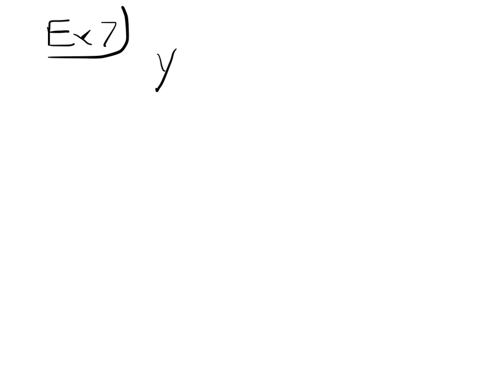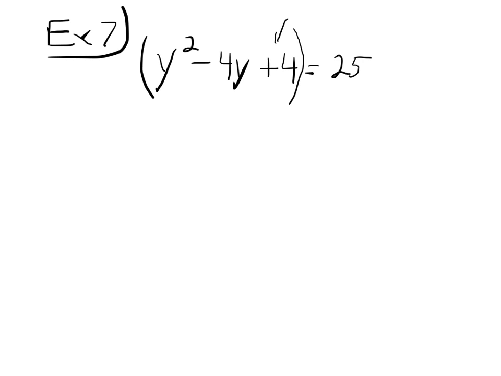So y squared minus 4y plus 4 is equal to 25. We should see on this, if we just look at this right here and kind of ignore that 25 for now, that this tells us that the signs are going to be the same.